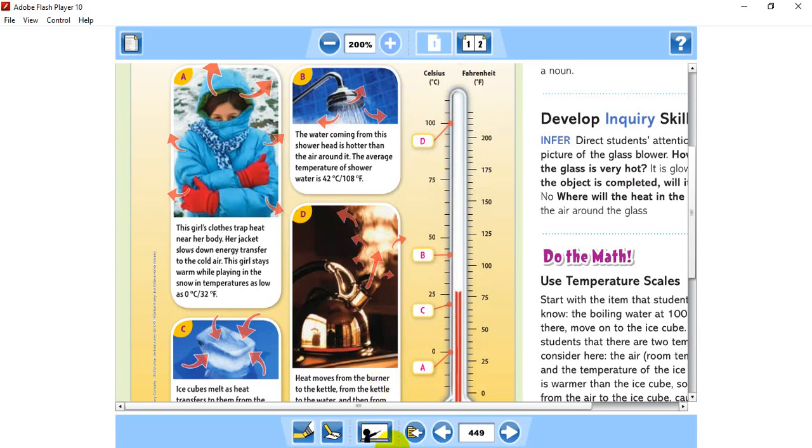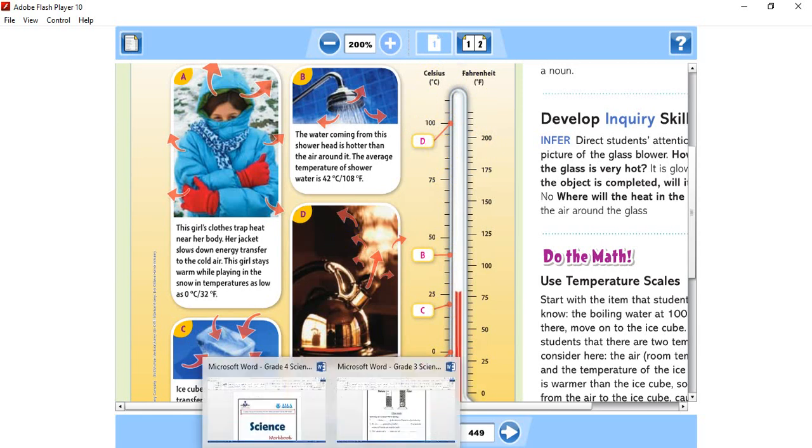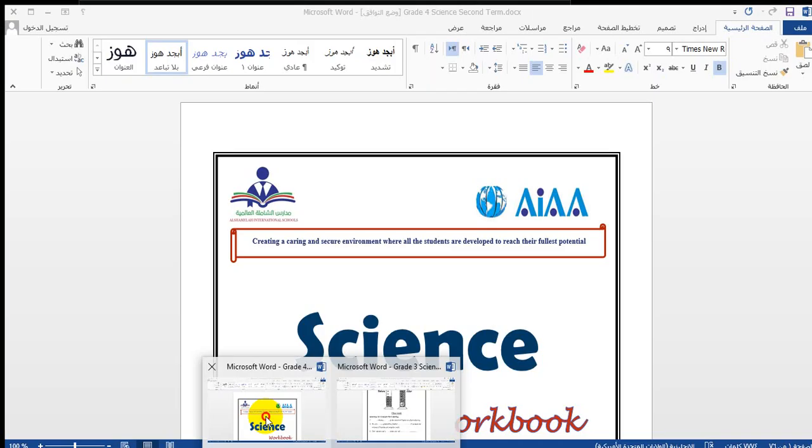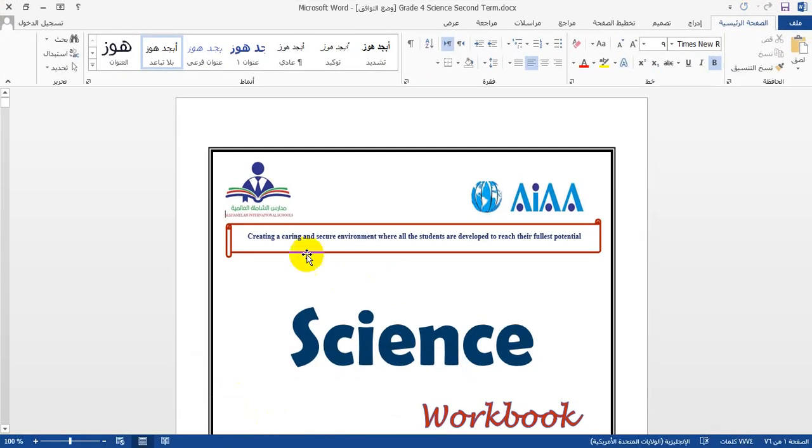Okay, the last thing that we will do now is solving the booklet. So let's open the booklet page. I think we should start with page 50, right guys? I know we didn't solve the previous pages of the booklet, but don't worry about that because I will solve them with you.